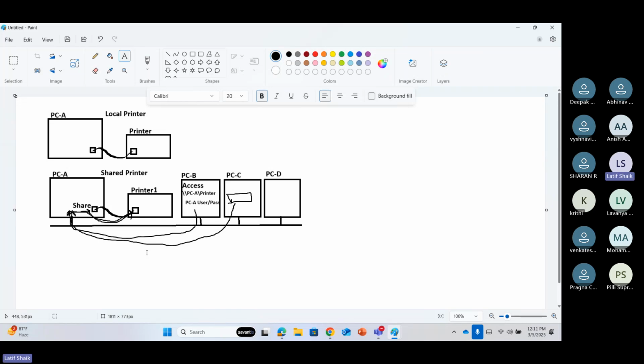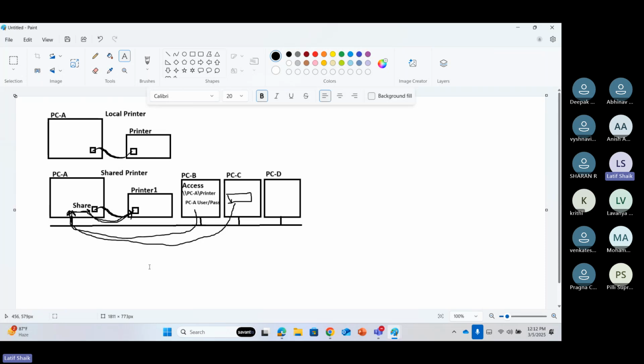But when I say shared printer, generally, depending upon the people and organizations, they call it in different ways. Okay. So sharing means I'm sharing specifically from my PC, because the printer is actually a local printer. The local printer I shared through the network. That's why I call it a shared printer separately. Different people call it in different ways, but this is one way to understand.